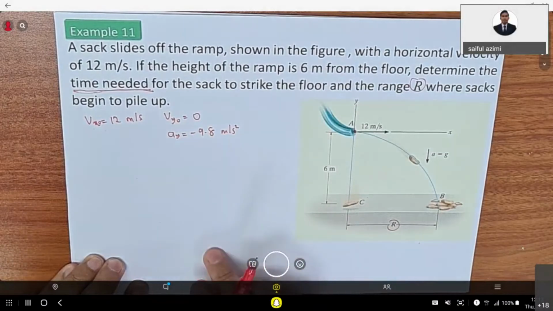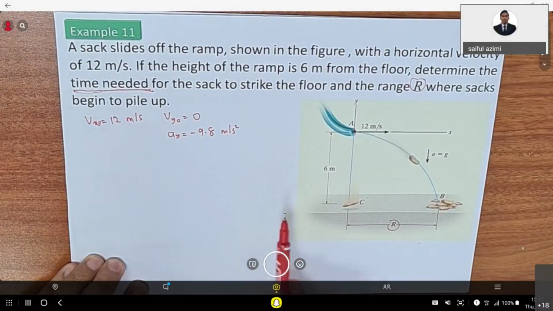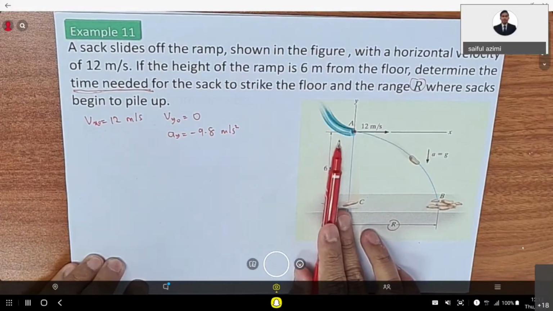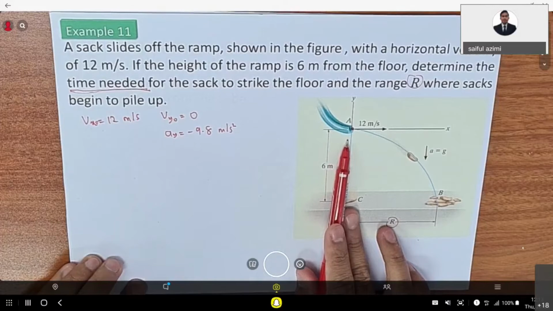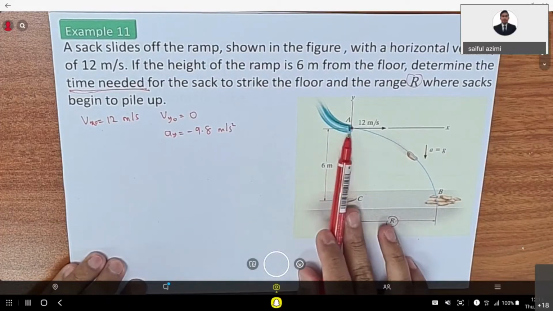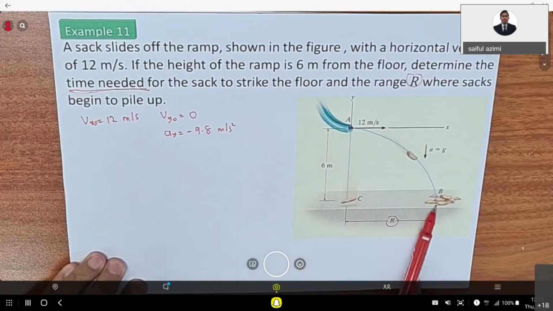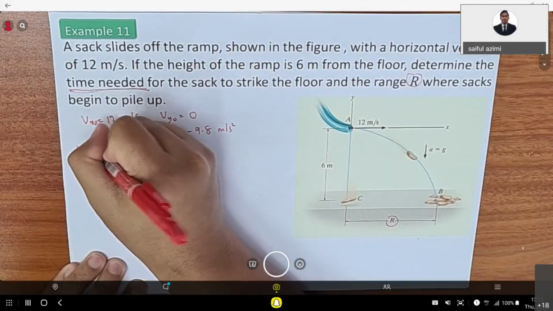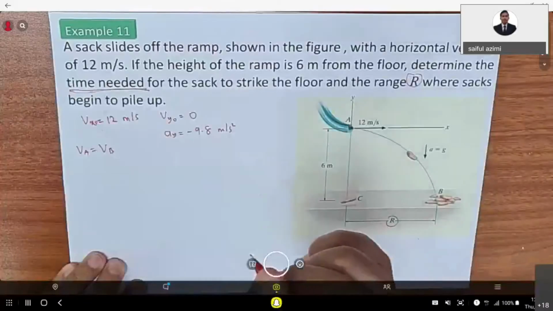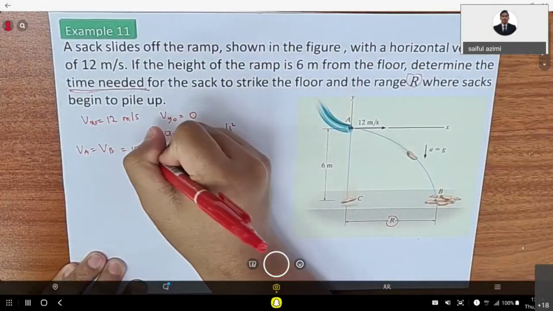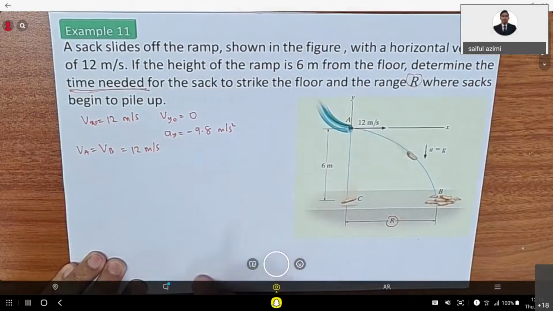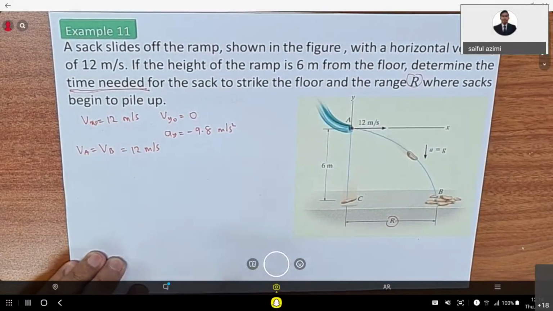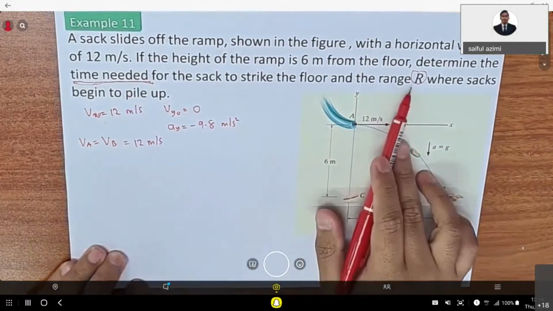The velocity of A and B are equal in the horizontal direction: VA equals VB equals 12 meters per second. So we need to find the time and also the x coordinate.